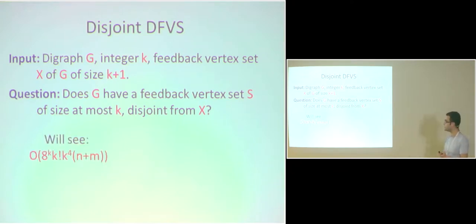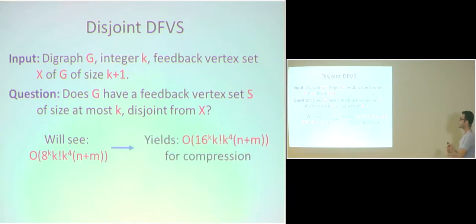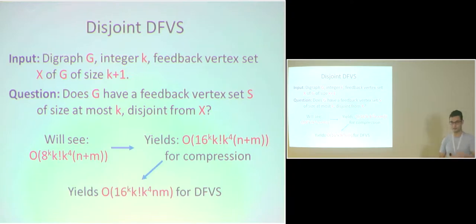Now, we will see an 8 to the k times (n plus m) time algorithm for this problem, which in turn yields a 16 to the k algorithm for compression, because you have this 2 to the k overhead for guessing over all subsets of X. And this again gives you a 16 to the k times nm algorithm for the original problem, because you run compression n times.